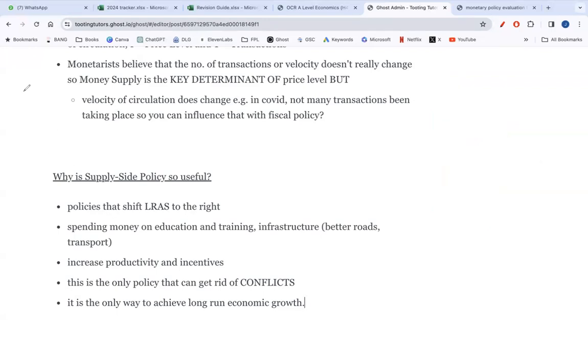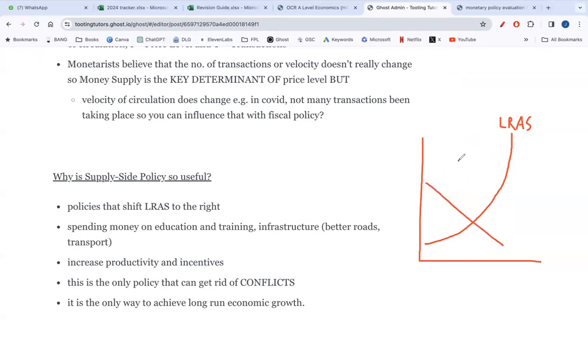But if I'm doing supply side policies, look what happens. I want to draw this version of the curve. It's better. So let's combine it with fiscal policy.